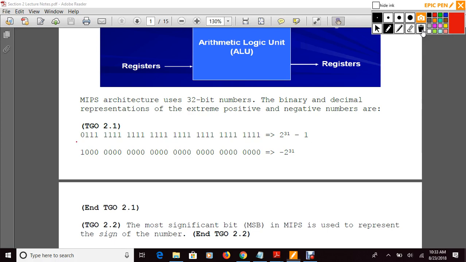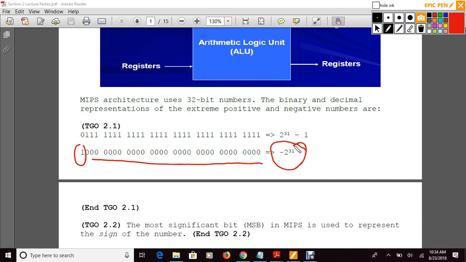In this case, if it's positive and all the values are 1, that becomes 2 to the 31 minus 1. That's the maximum positive number that can be represented. And likewise, by using 2's complement, we have a negative number that's all zeros. That is represented as negative 2 to the 31st power. So we can represent any number between those 2 values. That's the maximum range.